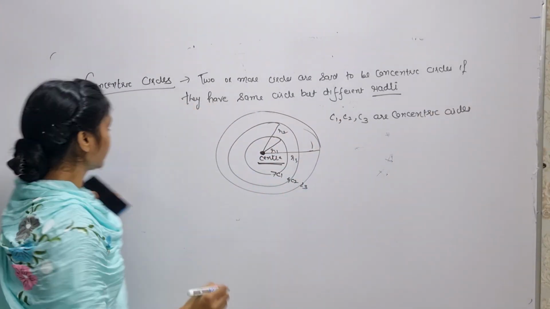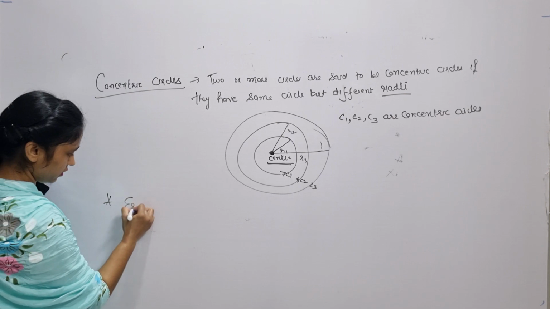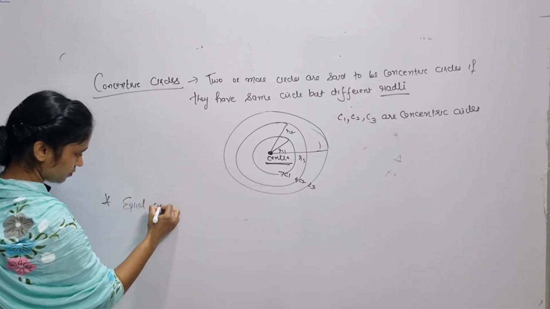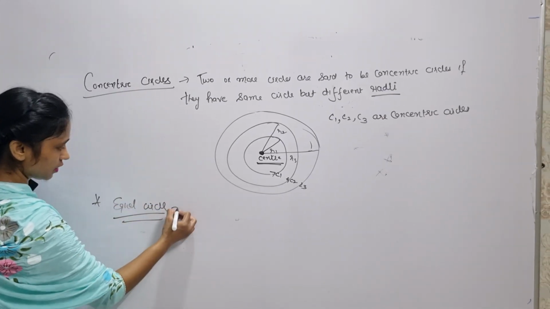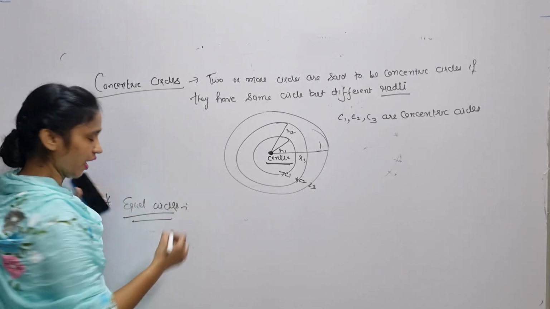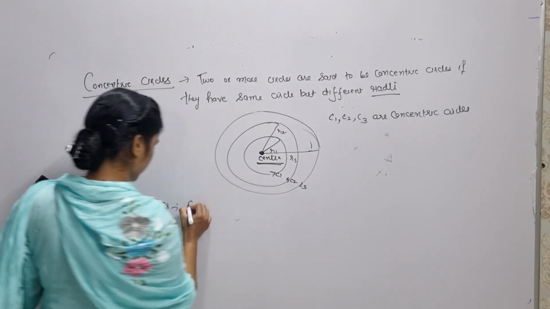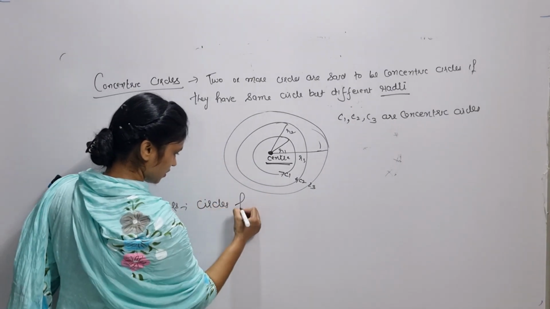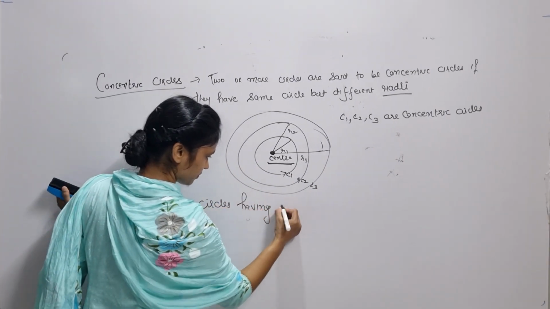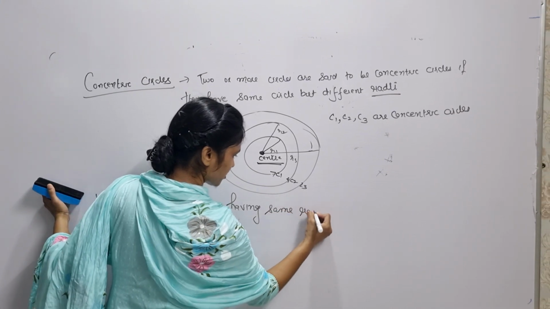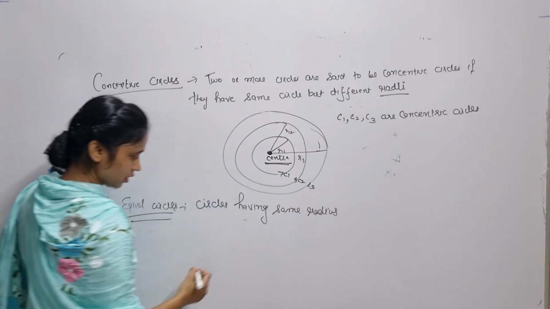The next is equal circles. Circles having the same radius are said to be equal circles.